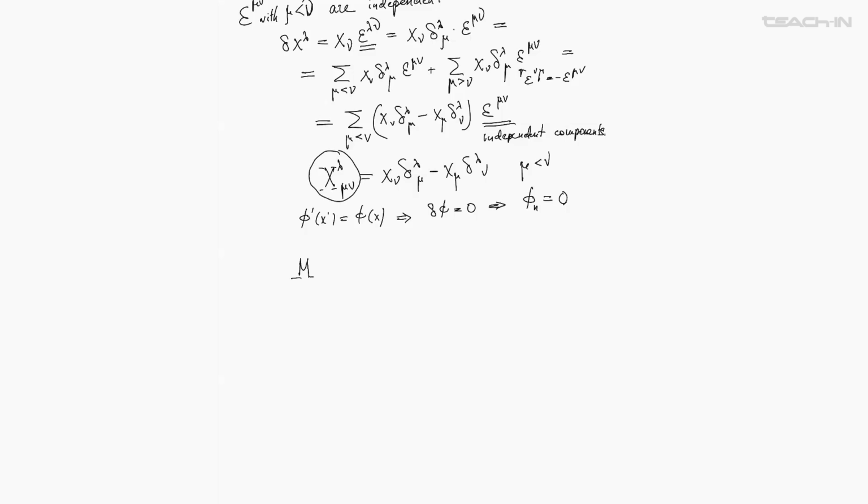And this current is usually denoted by the letter M. So the general J^λ_n is now getting replaced by M^λ_μν. And μ and ν now replace that index n, which was running through a number of independent transformations. But now these independent transformations are parameterized by two indices, μ and ν, with μ less than ν.